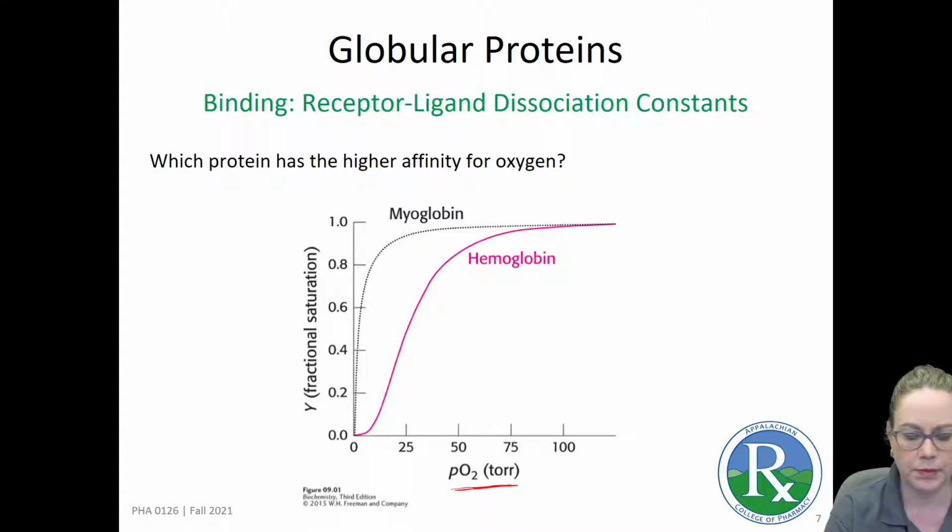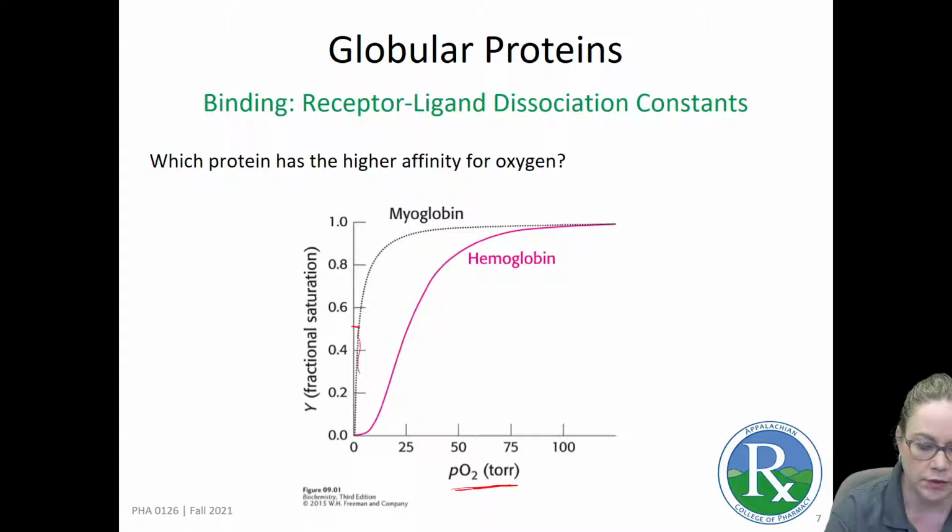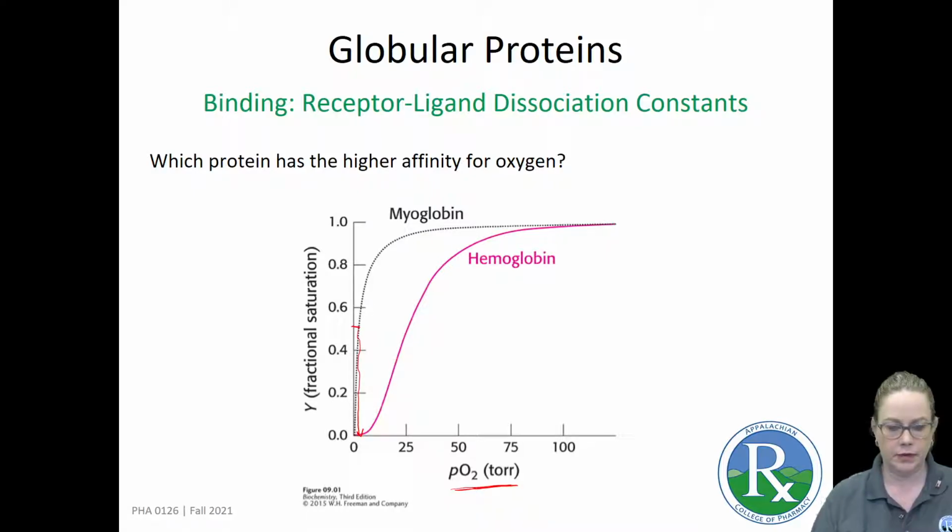We're going to start by finding what concentration gives us 50% binding to our protein. Myoglobin, you can see, is pretty hard to determine, so that's a very small number.